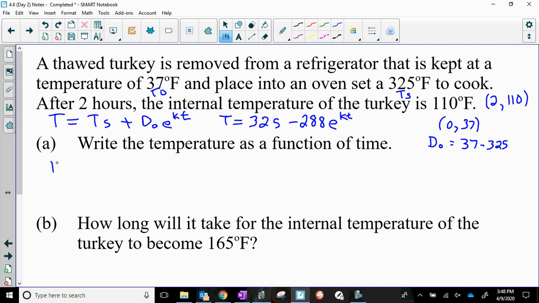So we're going to put 110 in our temperature, and the 2 in our time. So let's go and subtract 325.